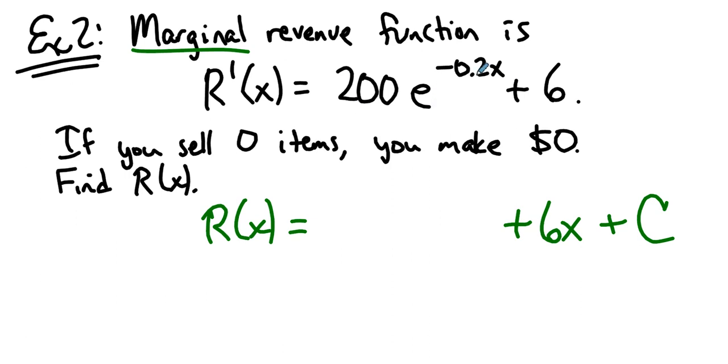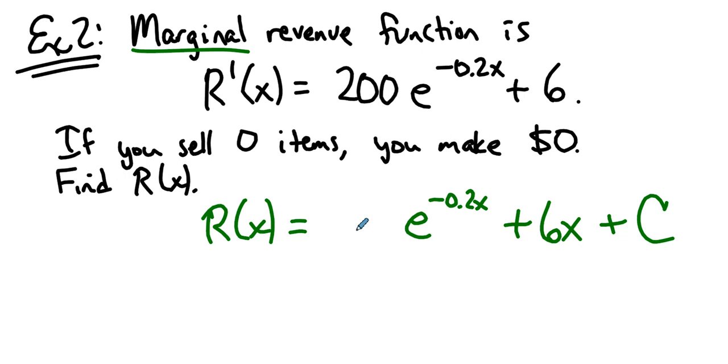We remember that the derivative of e to the thing is e to the thing. So I'm thinking that there has to be some version of this happening here. But when we take the derivative of e to the thing, we get e to the thing times the derivative of that thing, which means that this negative 0.2 gets multiplied by something and ends up looking like this.